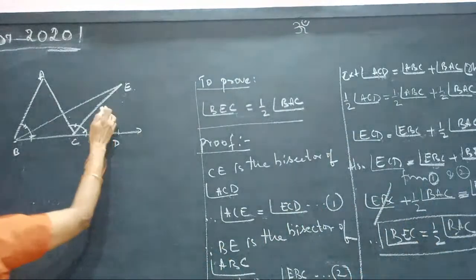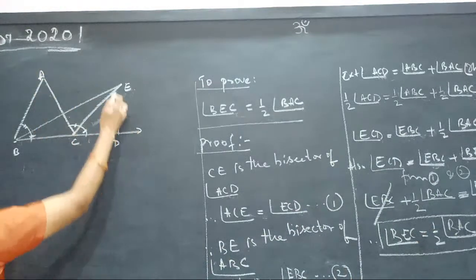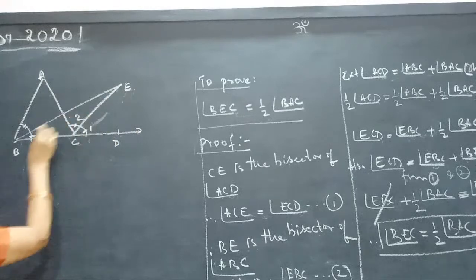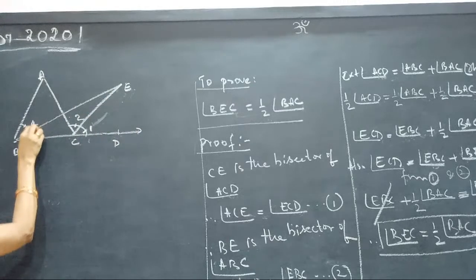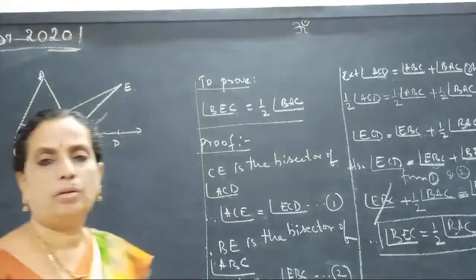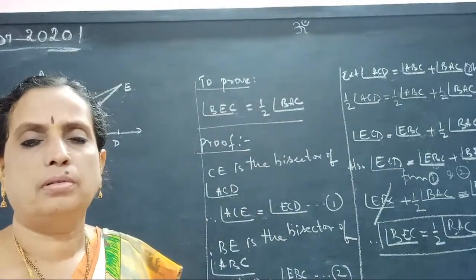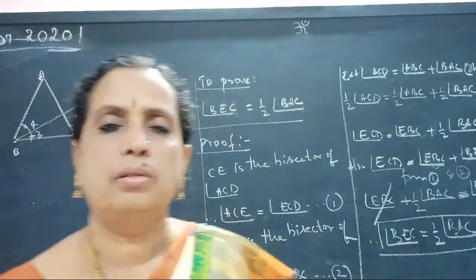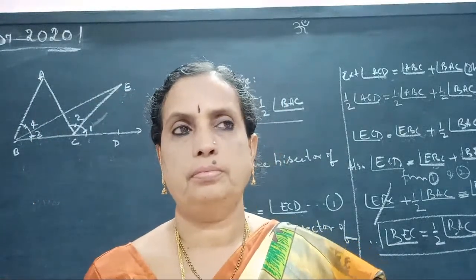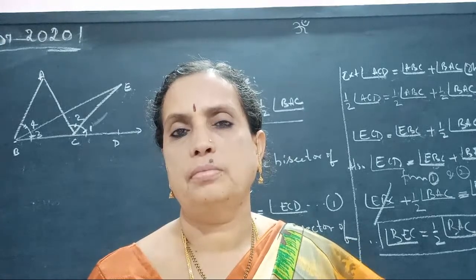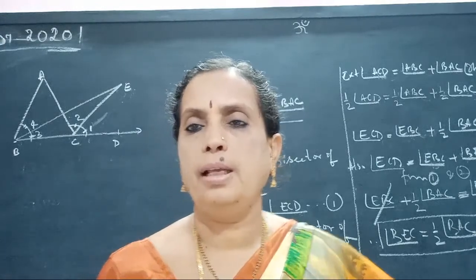Here CE is the bisector, angle 1 equals angle 2, angle 3 equals angle 4. Is it clear?